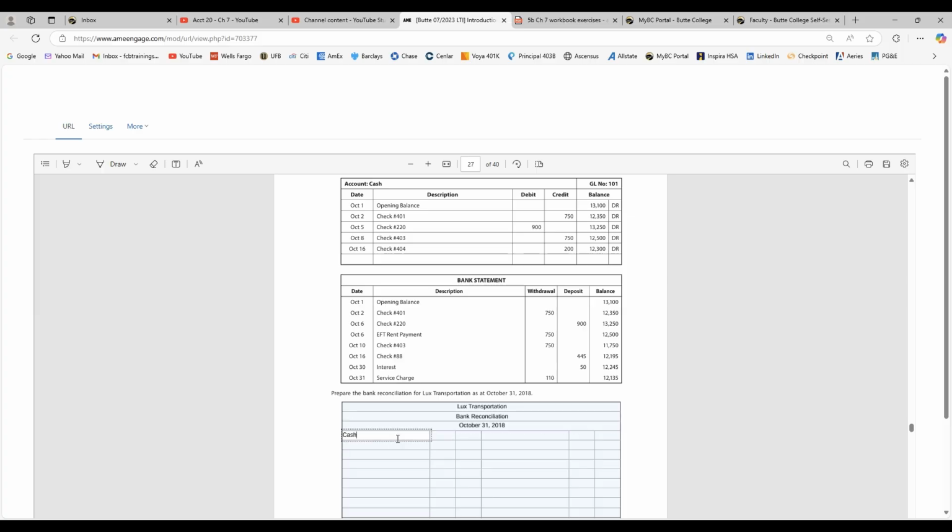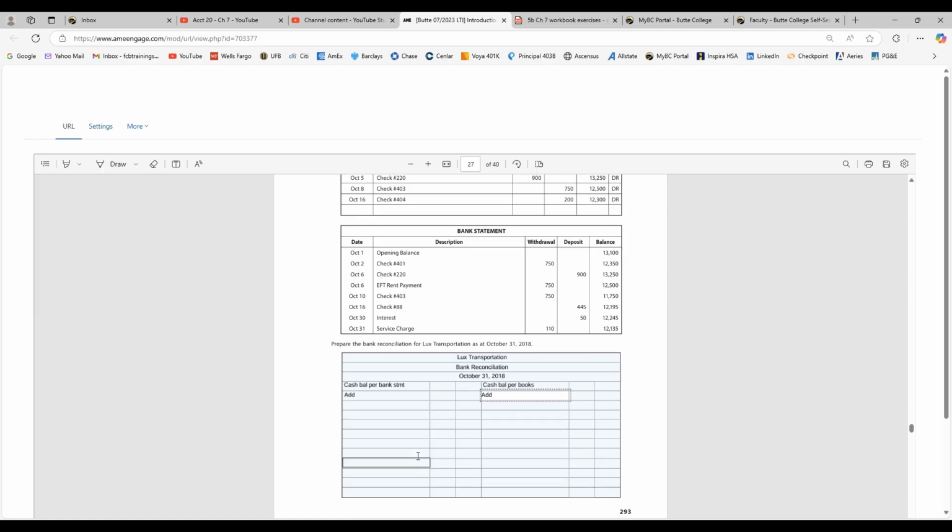Okay, we'll see cash balance per bank statement, cash balance per books, and then we'll say add on the book side, deduct, and then adjusted bank statement balance, and adjusted books balance.